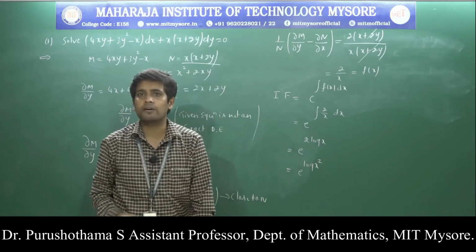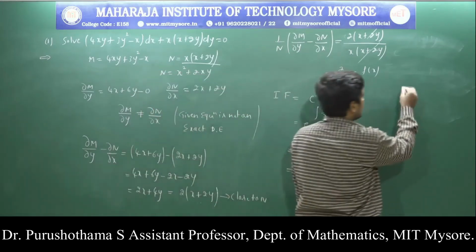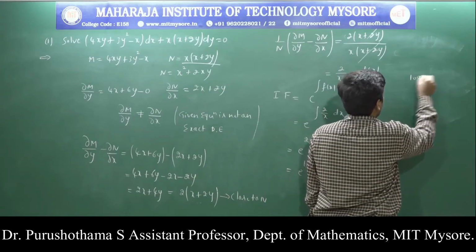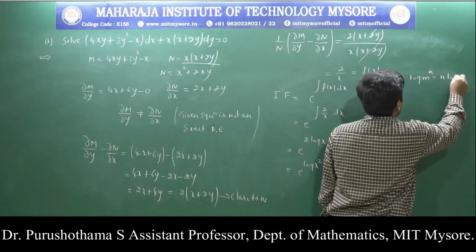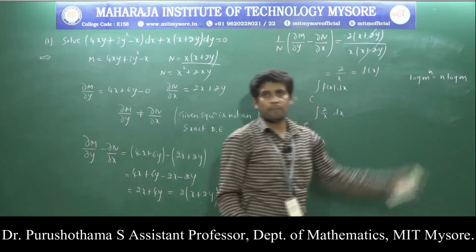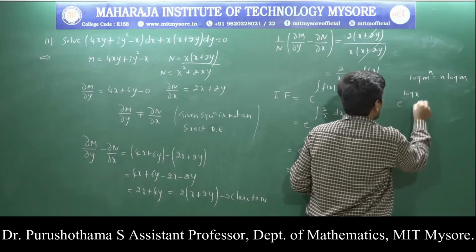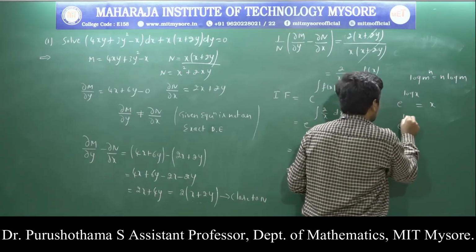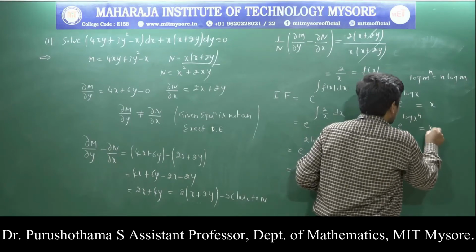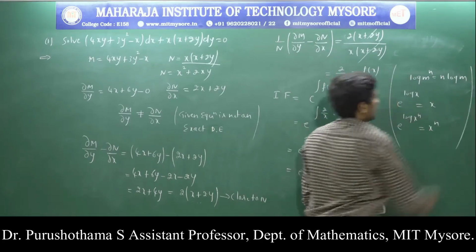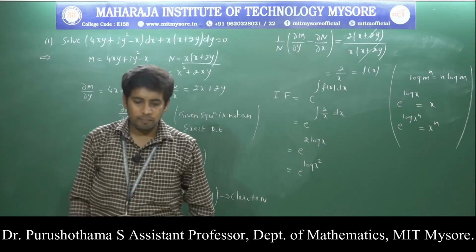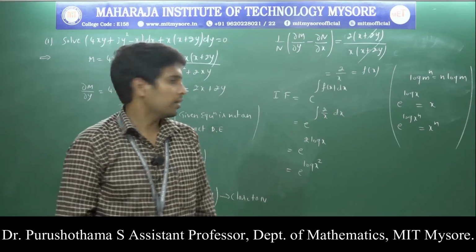By using the properties of logarithmic functions, I am mentioning these properties: log m power n is the same as n times log m. Another property is e power log x is nothing but x, and e power log x power n is equal to x power n. These three are important properties of logarithmic functions.